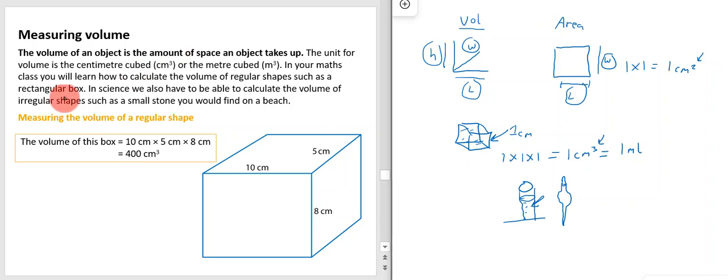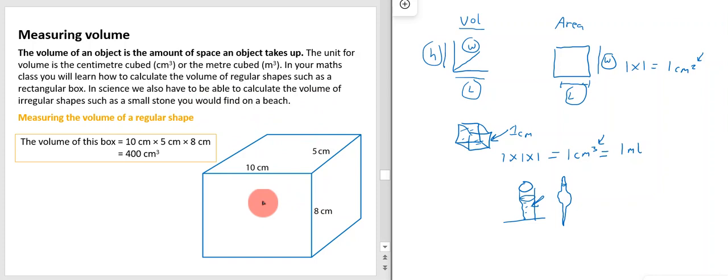In your maths class, you will learn how to calculate the volume of regular shapes such as rectangular boxes. In science, we also have to be able to calculate the volume of irregular shapes such as small stones you'll find on a beach. So you need to be able to calculate the volume of regular shapes, but also of irregular shapes.